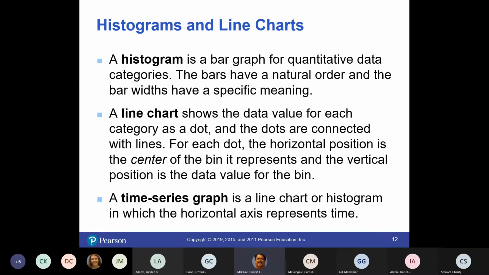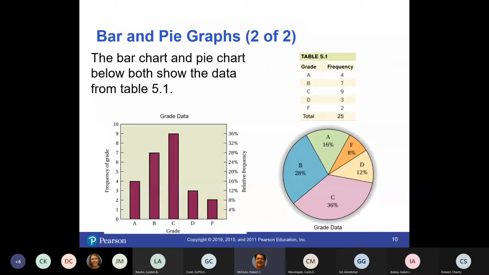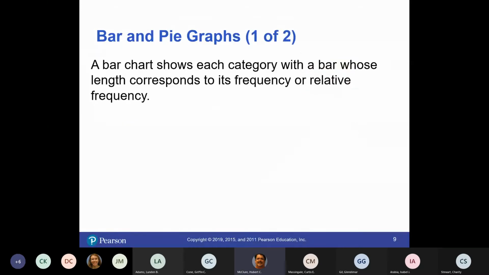A histogram is a bar graph for quantitative data. The bars have a natural order and the bar widths have a specific meaning. They really reached to do a definition for a histogram. A bar chart shows each category with a bar whose length corresponds to its frequency or relative frequency.